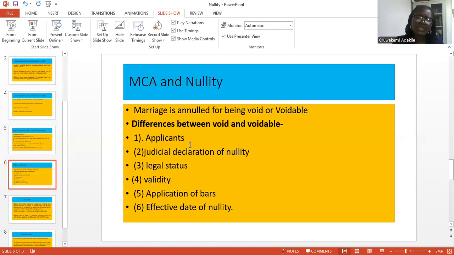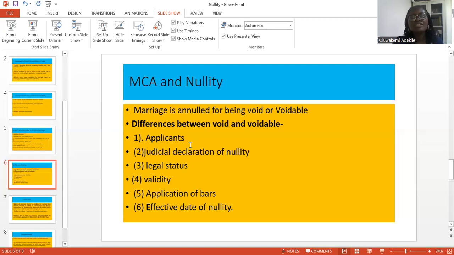The void marriage, like I said earlier, is void from the beginning, ab initio. The voidable marriage remains valid and subsisting until the decree of nullity is pronounced. So it is a valid marriage up to the date where the court declares it annulled.